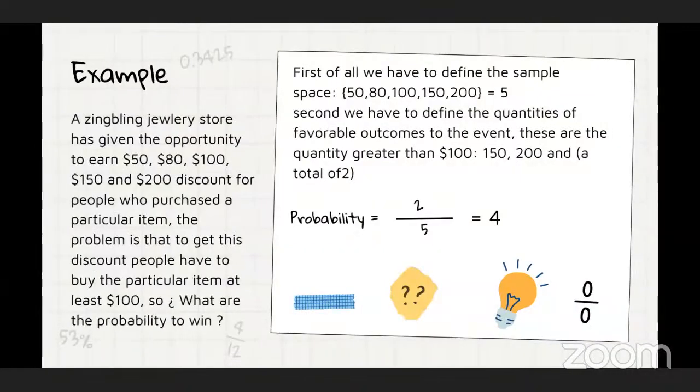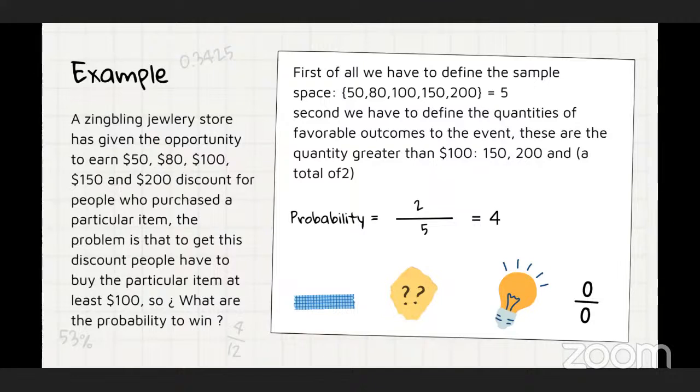And here is an example. Siblings Jewelry Store has given the opportunity to earn 50, 100, 150, and 200 discounts for people who purchase a particular item. The problem is that to get this discount, people have to buy the particular item of at least 100. So what is the probability to win?